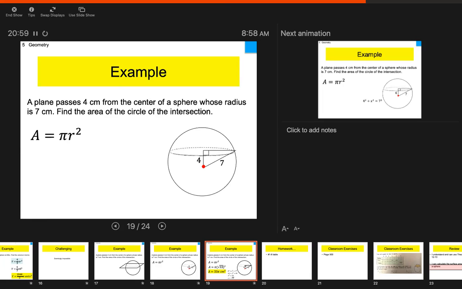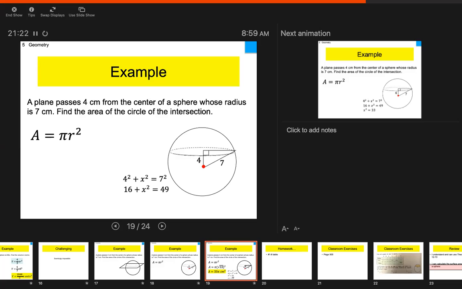The Pythagorean theorem says that the sum of the two legs squared is equal to the hypotenuse squared. Just make sure you put your values in the right place in that formula. So that would be 4 squared plus x squared equals 7 squared. And simply solve that equation right there. 4 squared is 16, 7 squared is 49.